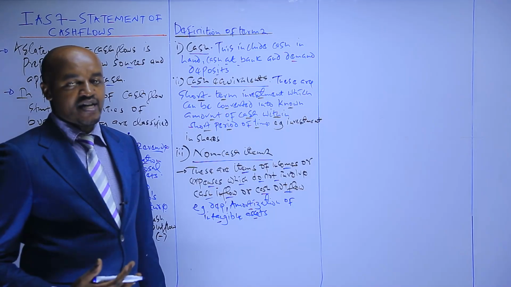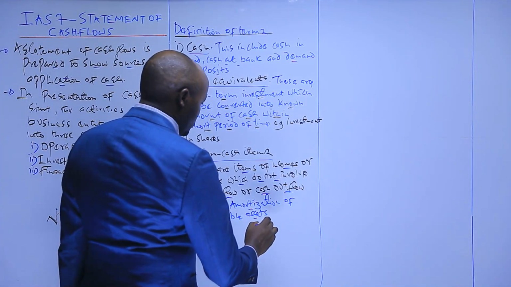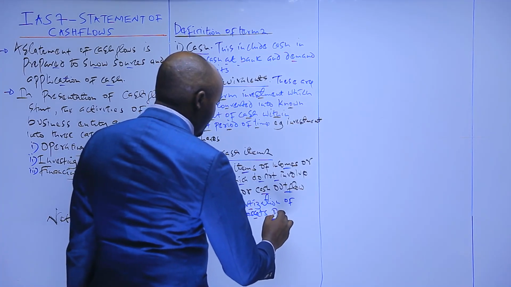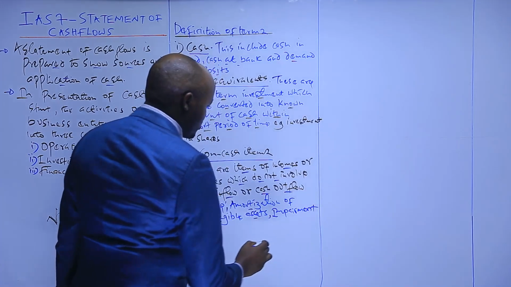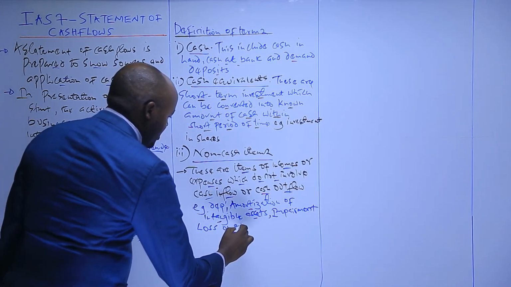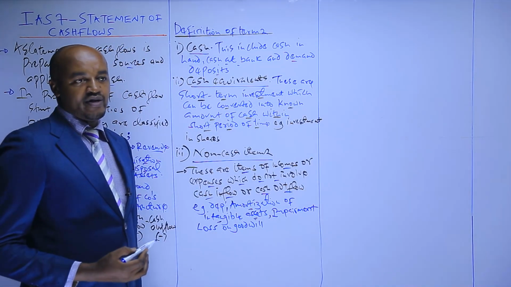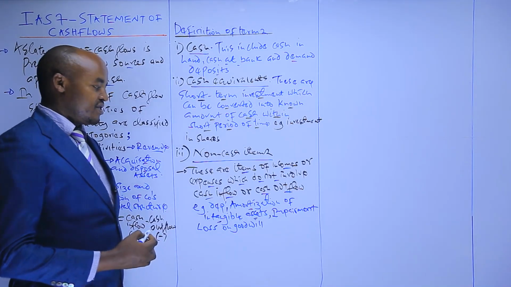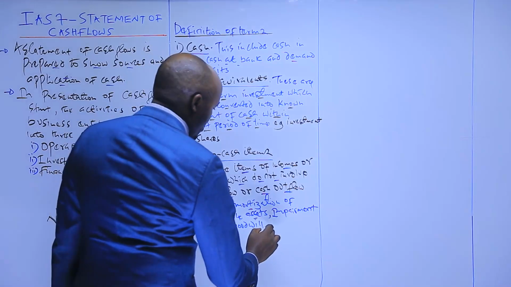It is accounted for as an expense, but does not involve any cash outflow. Another good example is impairment loss on goodwill, which is the decrease in the value of goodwill. Equally, that is equivalent to depreciation, accounted for as an expense, but does not involve any cash outflow.